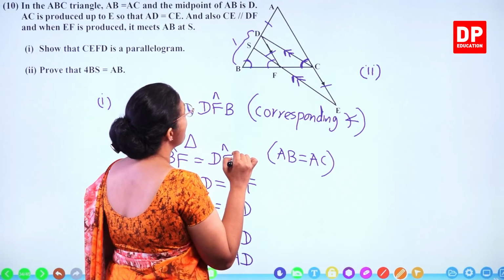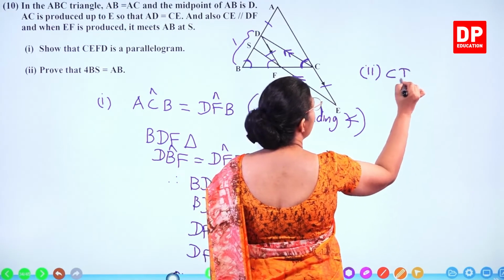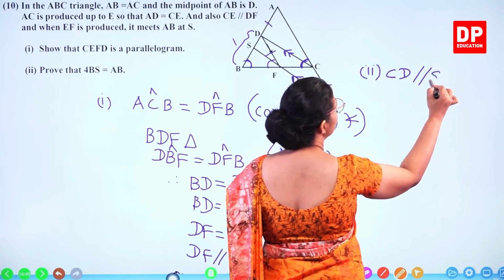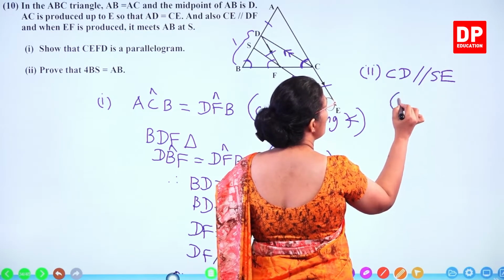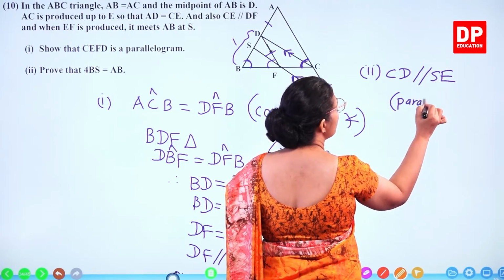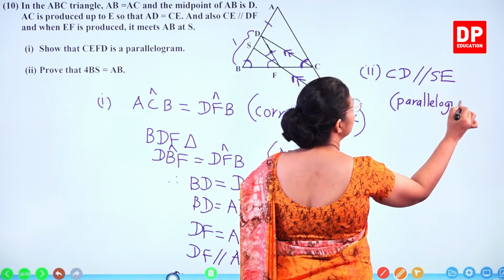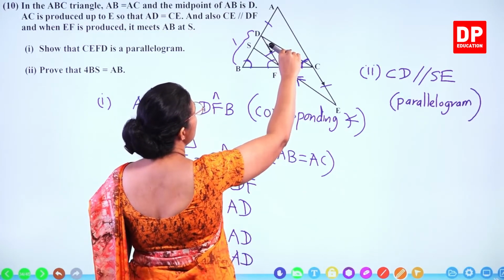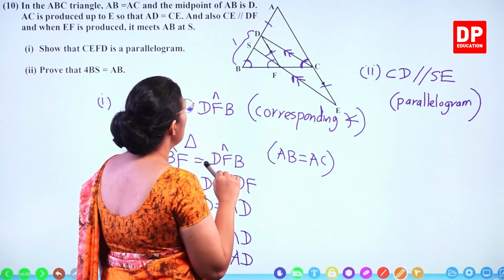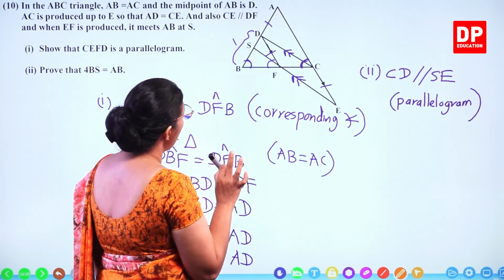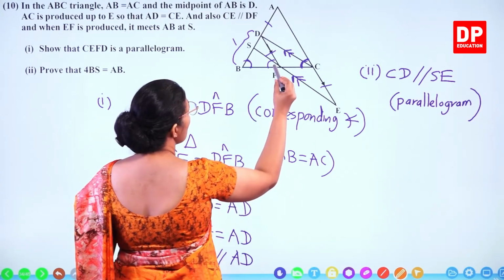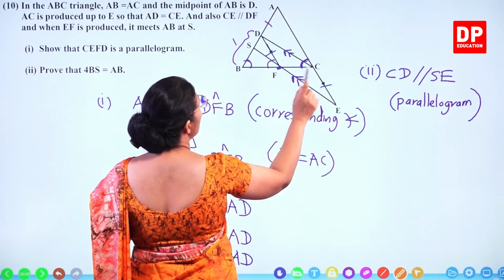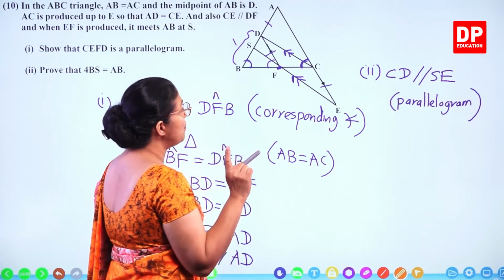We can say CD is parallel to SC because parallelogram. This one is parallel to this one. And we know that F is also a midpoint.